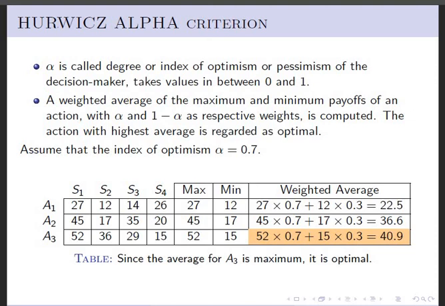Similarly, the weighted average for A2 and A3 is calculated. The weighted average for A2 is 36.6 and A3 is 40.9. Since 40.9 is the maximum, A3 is the best option.